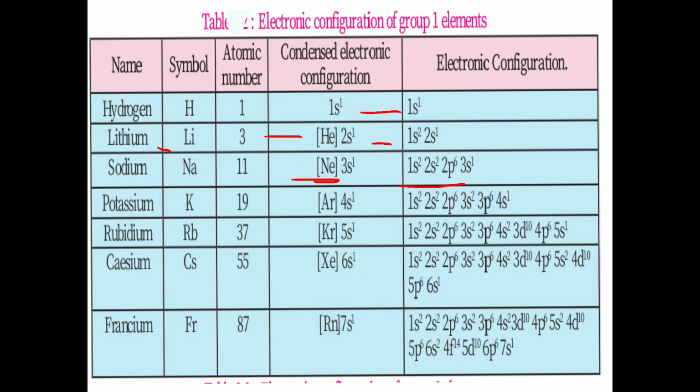Sodium, atomic number 11, represented by the symbol Na, has the electronic configuration Ne 3s1. For all these elements the outer configuration is only ns1, that is 1s1, 2s1, 3s1, 4s1, 5s1 and so on, meaning only one electron is present in the outermost shell.